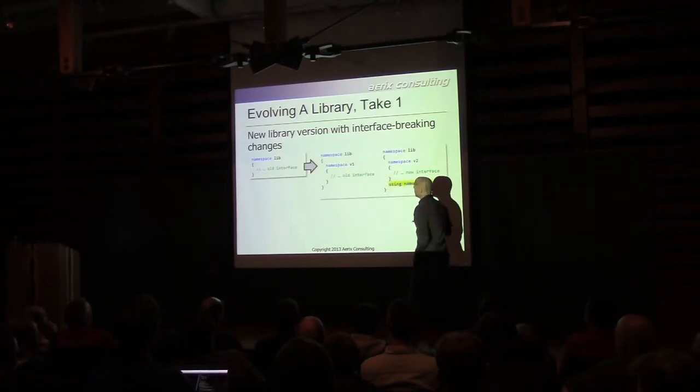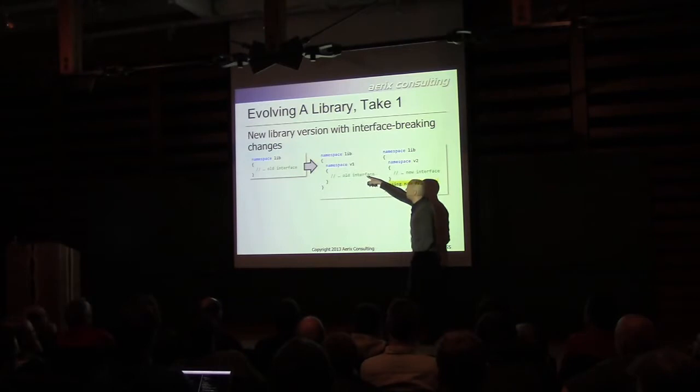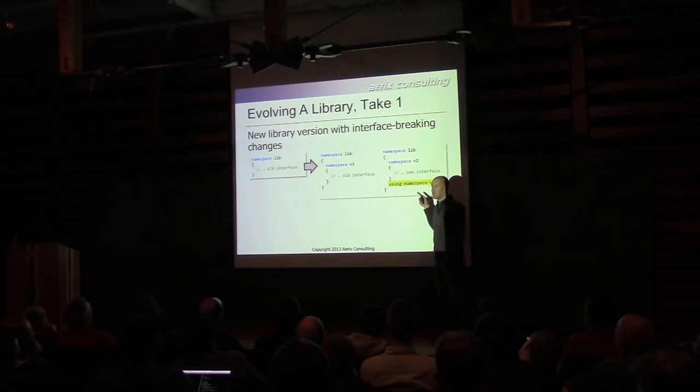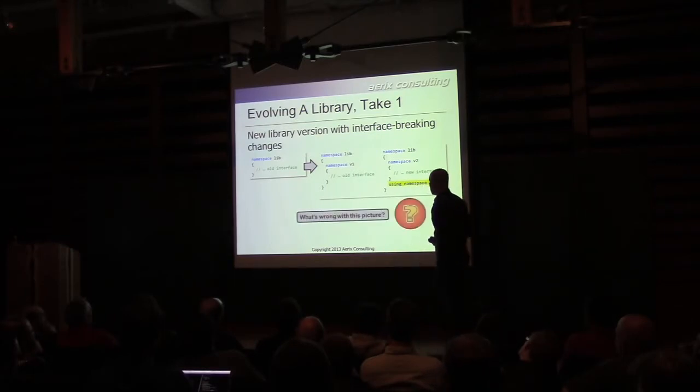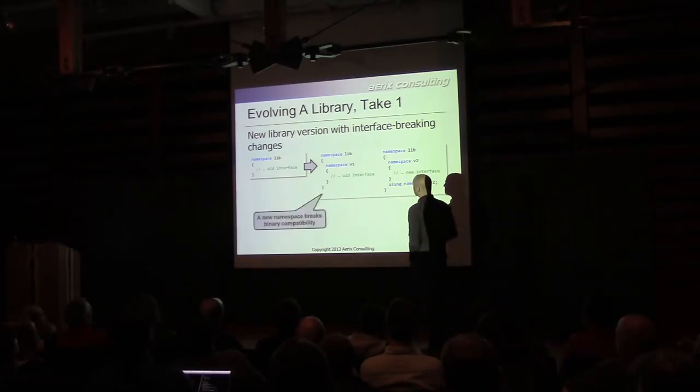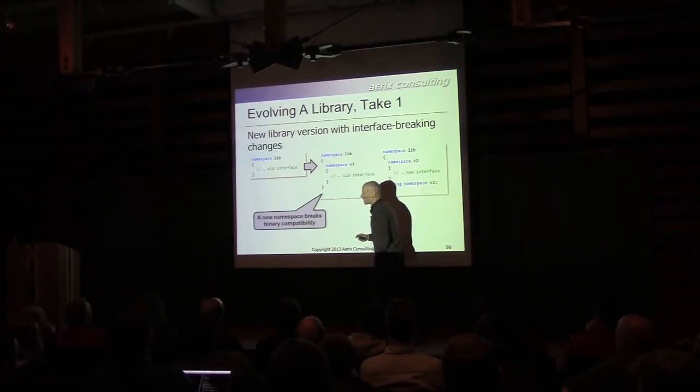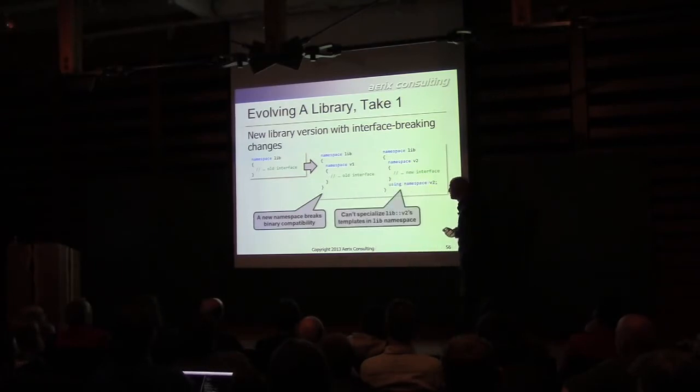So, we might say, well, okay, let's just stuff everything into a v1 namespace and have a v2 namespace and slurp all the v2 stuff out into the outer namespace. Okay. This breaks some stuff when we do this. Well, first of all, we're breaking binary compatibility, but I'm not really going to worry too much about that. But here, for instance, if v2 has templates in it, you won't be able to specialize them just by opening the lib namespace.